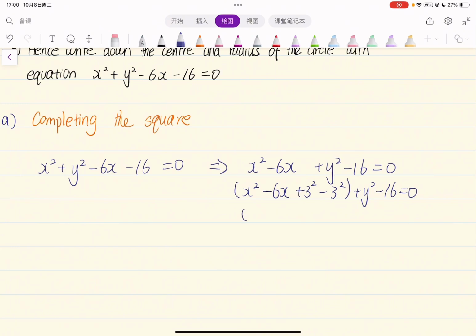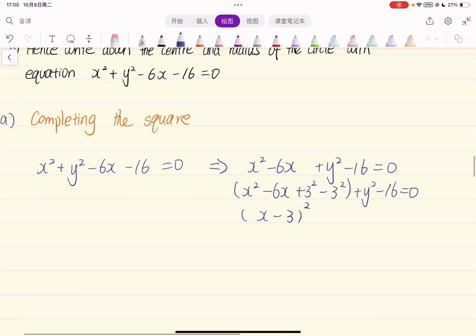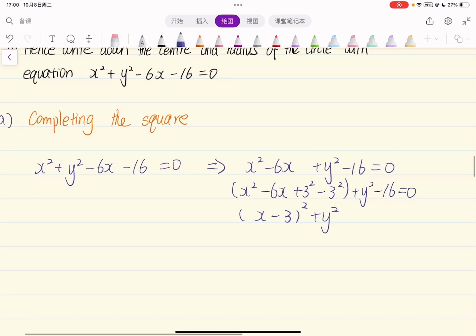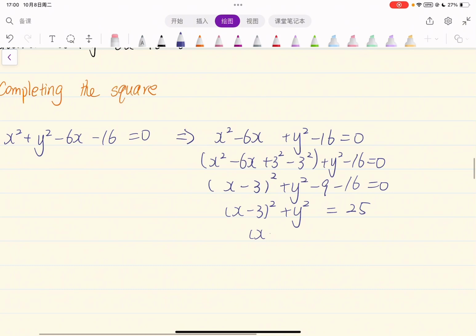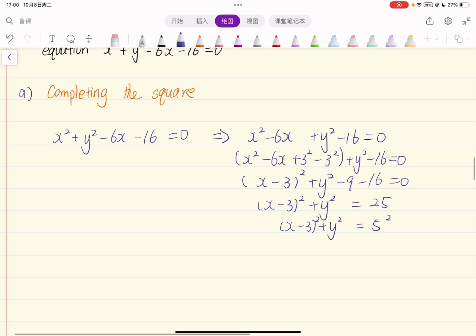When you simplify it, we have x minus 3 squared, and the minus 9, take out the bracket, so that is plus y squared minus 9 minus 16 equals 0. This we have x minus 3 squared plus y squared equals 25, and 25 equals 5 squared. So we have x minus 3 squared plus y squared equals 5 squared. Thus we get a equals 3 and r equals 5.